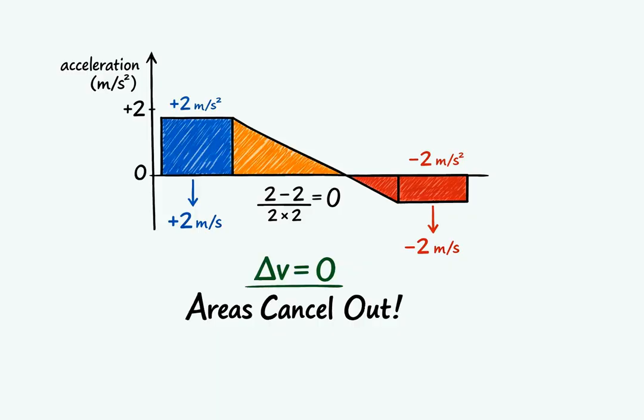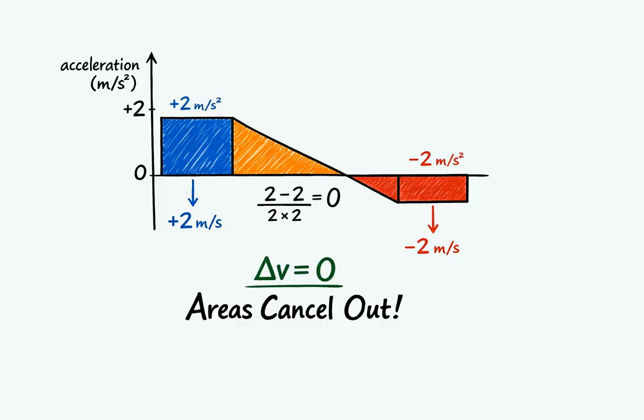The middle segment is a trapezoid with endpoints plus 2 and -2 over 2 seconds, giving signed area (2 plus -2) over 2 times 2 equals 0, so the positive and negative contributions cancel. The last rectangle contributes -2 times 1 equals -2 meters per second.